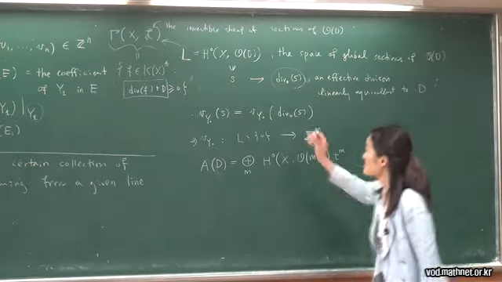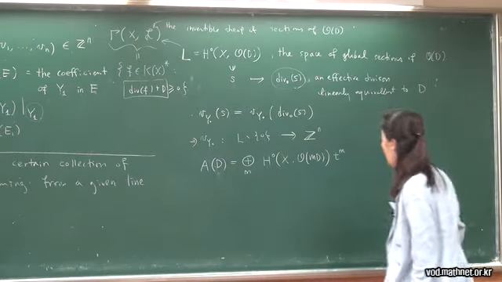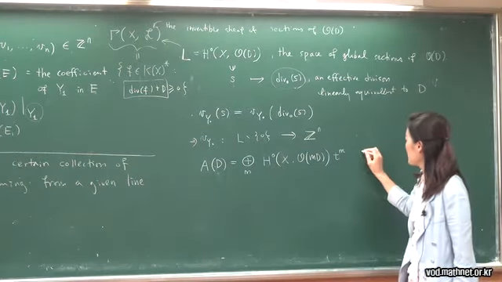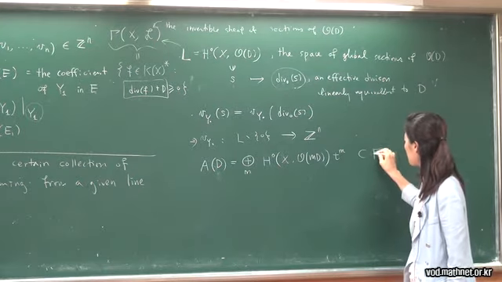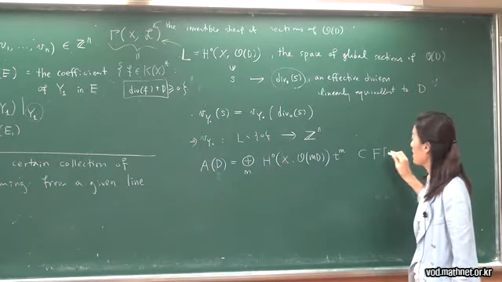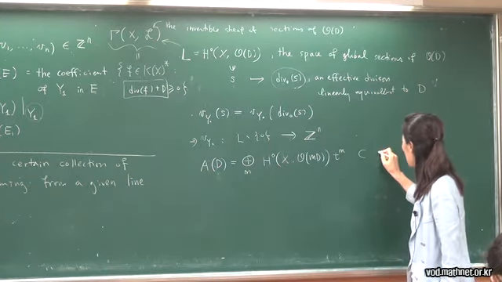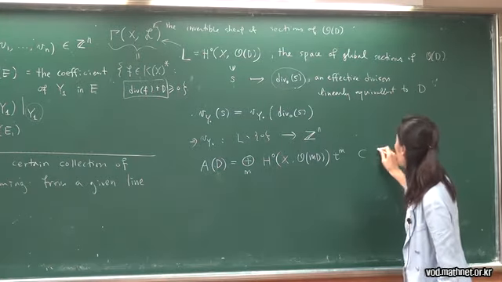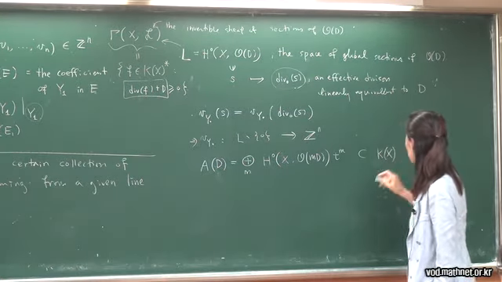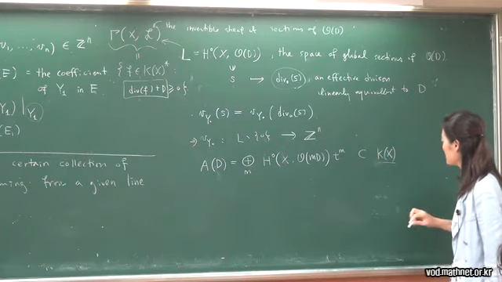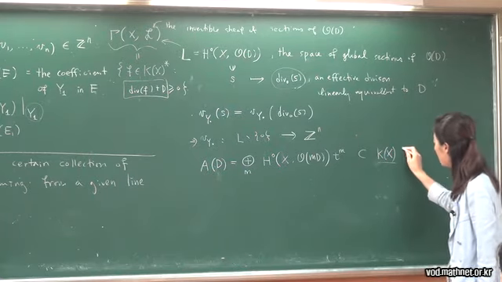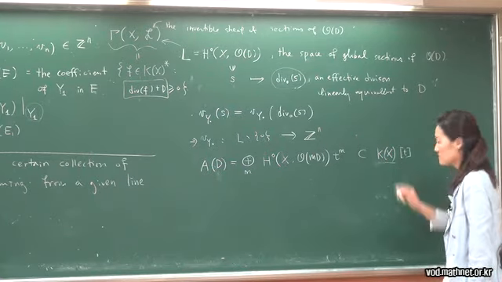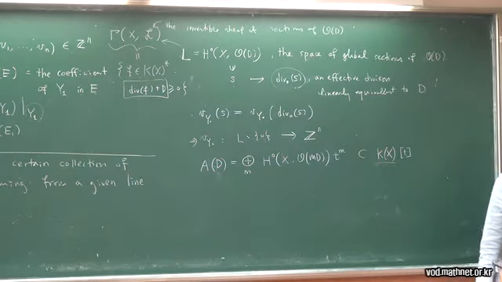There is just an identification between these spaces, and this one is a subalgebra of K of x, the field with transcendence degree n, with the polynomial variable t.